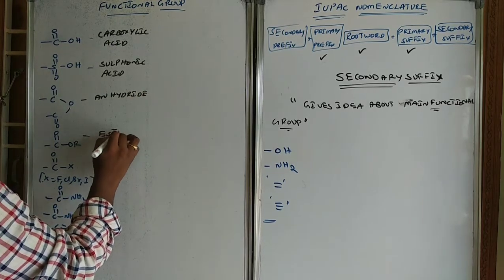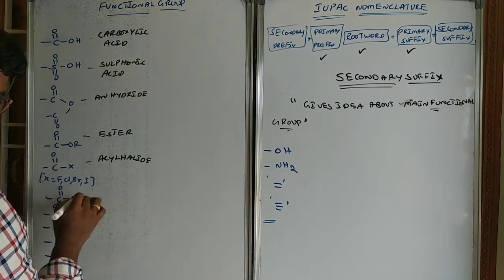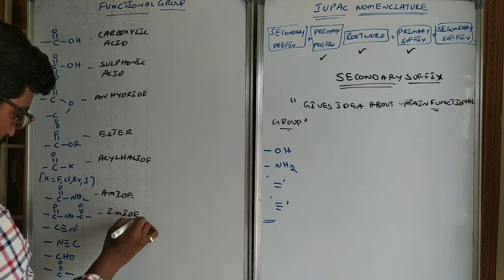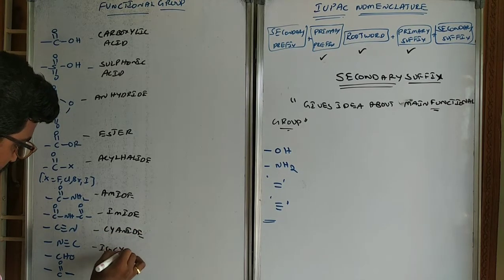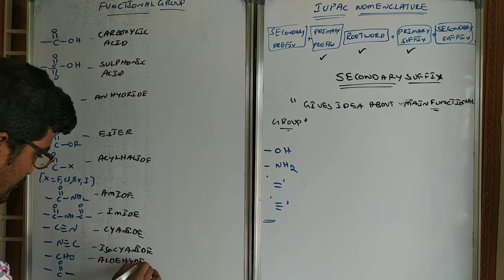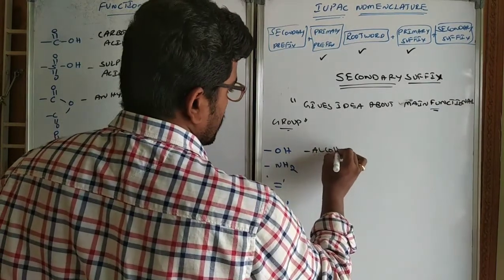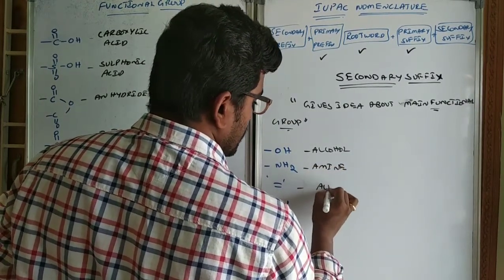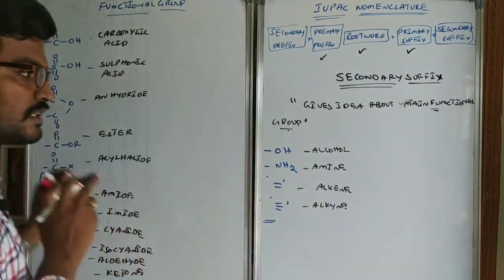This one is ester, acyl halide, amide, imide, cyanide, isocyanide, aldehyde, ketone, alcohol, amine, and alkene and alkyne will come. So these are the functional groups.